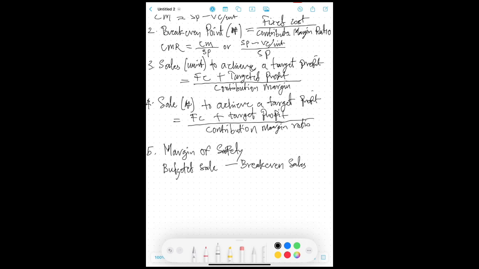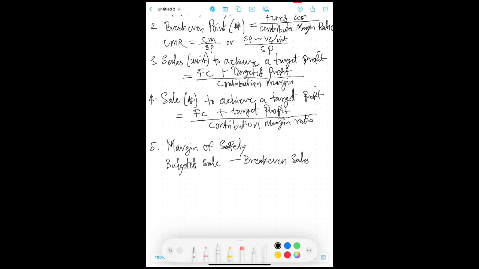Now, margin of safety can be calculated in relative terms and in absolute terms. In absolute terms, I will use an example. Let's say our budgeted sales was 15 million, while the break-even sales is 10 million. Whether naira or units, whichever you want to use, the same thing applies.